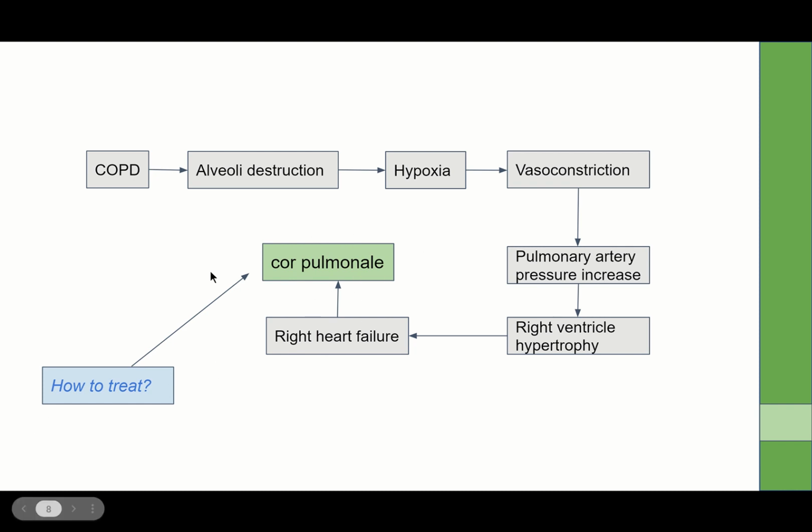So you treat the symptom by stopping the hypoxia. But if you want the patient to never suffer from this type of symptom again, you need to treat the cause of it, or in other words, you need to treat the COPD. So that's the end of my presentation. Thank you for listening.